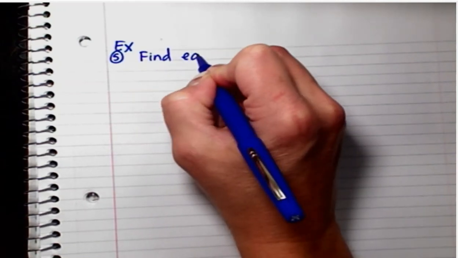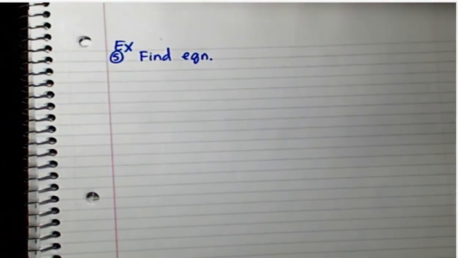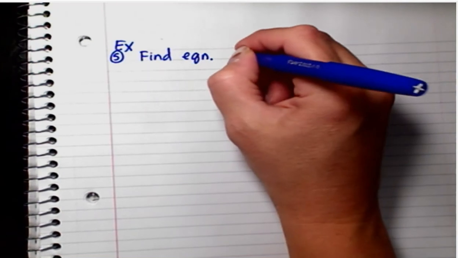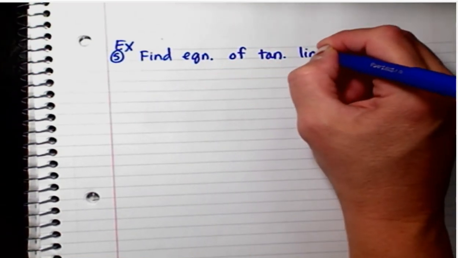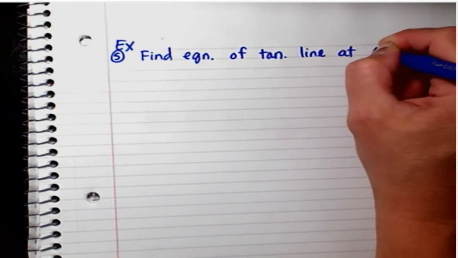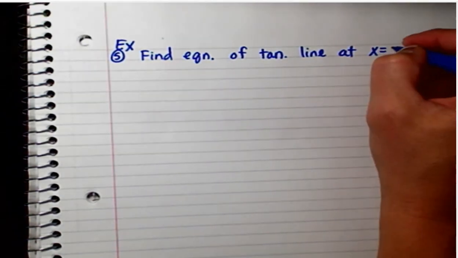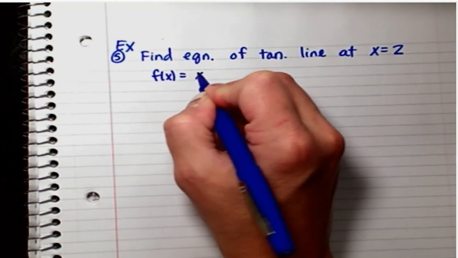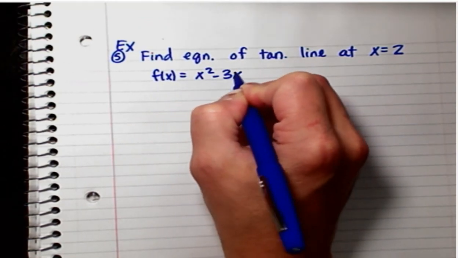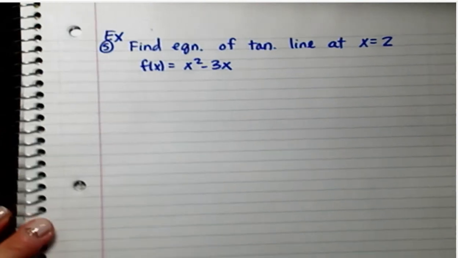Find the equation of the tangent line at x equals 2. Right, there's your f of x.